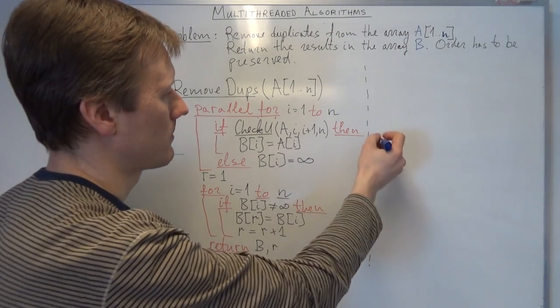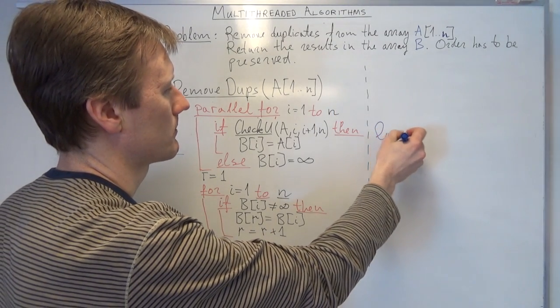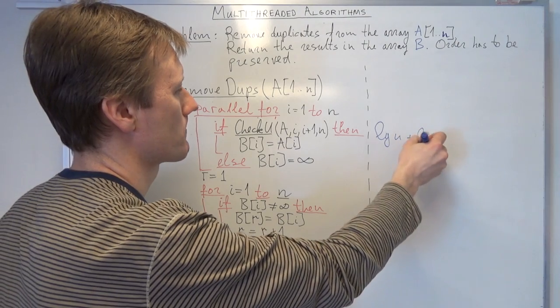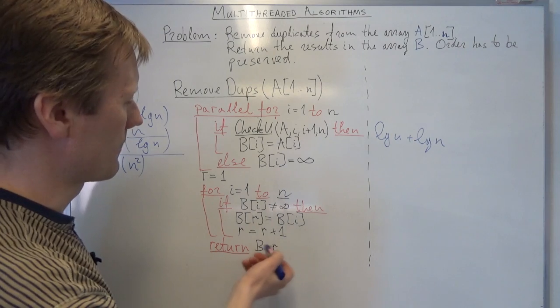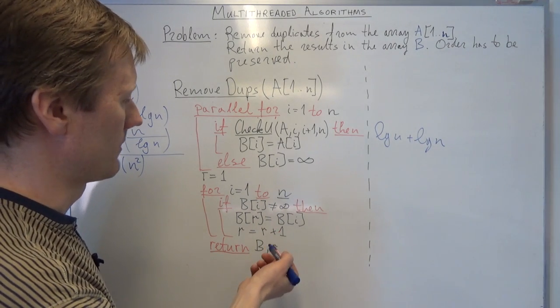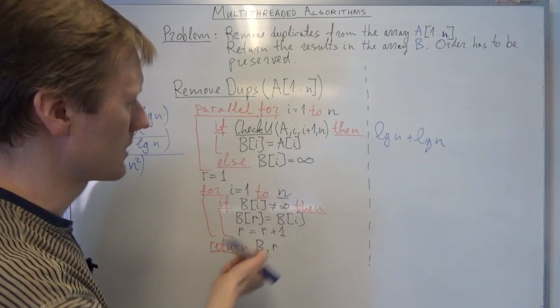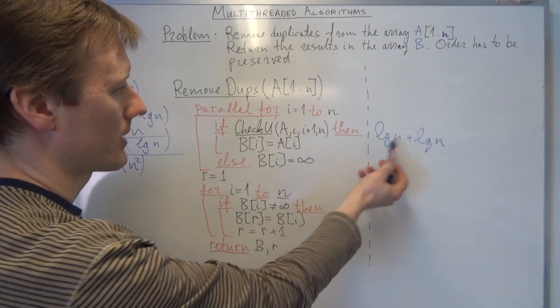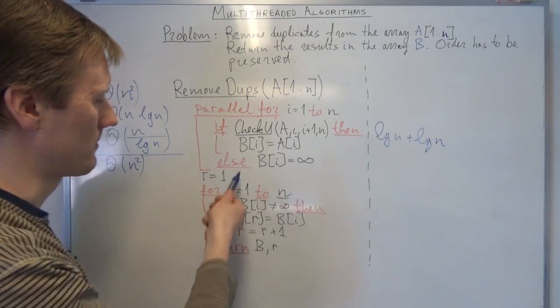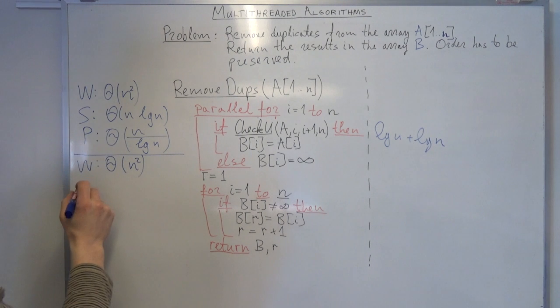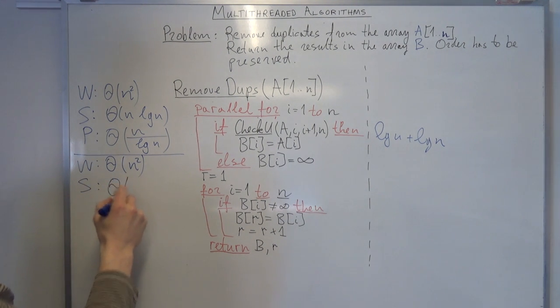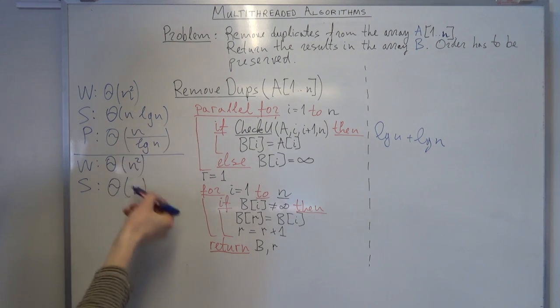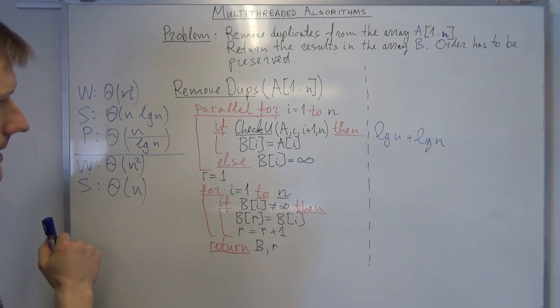So the span of this part is log n plus log n. And then the span of this part is n, because it's just a sequential part. So log n plus n is dominated by n. So the span is n. So we have improved the span from n log n to n.